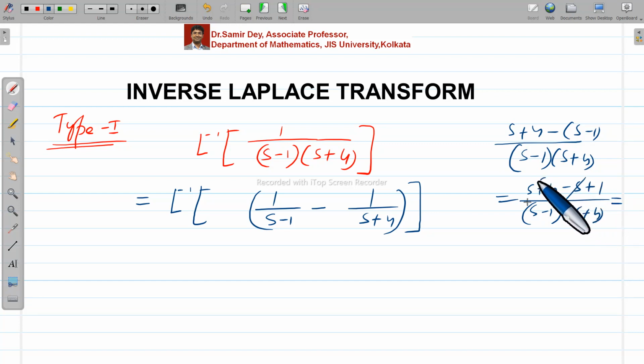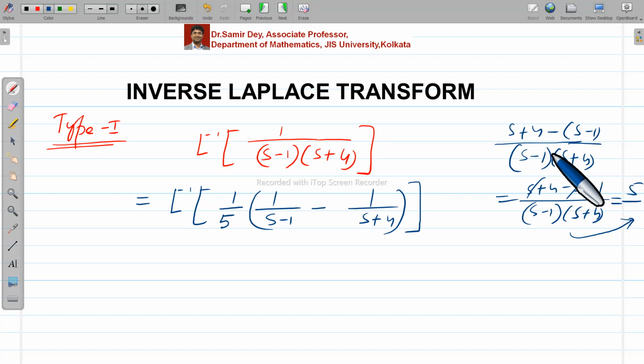So ultimately these two are cancelled. What is extra? 5 by the full expression. So that expression is coming. That means this 5 is extra. When you separate this, since this 5 is extra, you have to adjust it. Is it clear from where this 5 is coming?